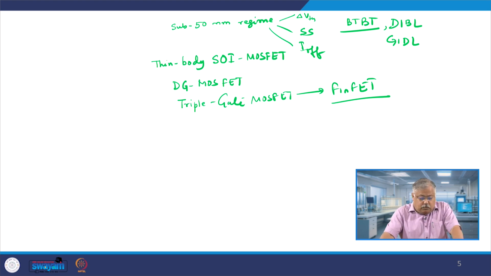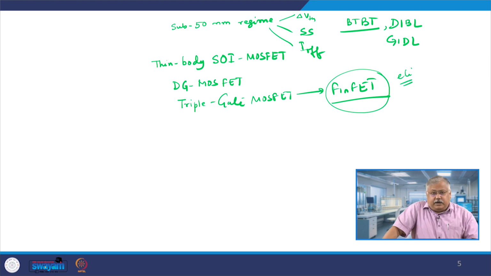And I will tell you why the name FinFET is coming into picture, but I will try to explain that. Now among all these candidates, FinFET is considered to be the most eligible candidate for current trends in electronic design. In fact, it is already used within the industry. It is a very promising candidate because it is very robust and it has better mobility enhancement and therefore a larger current drive.